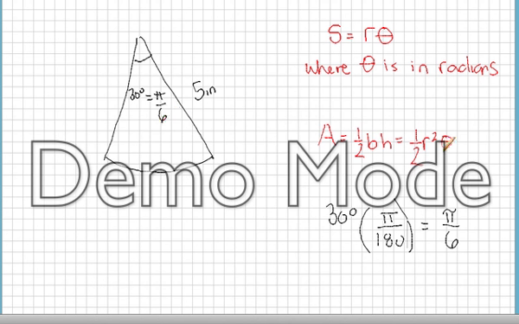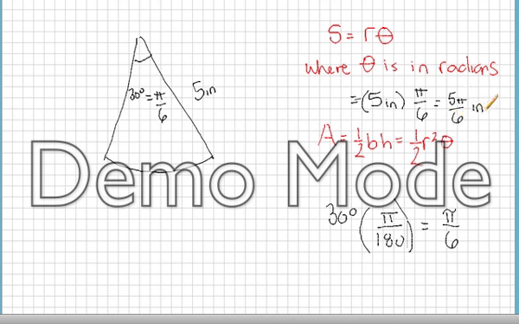And now we can go ahead and plug into the formula. So if S equals R theta, well, the radius of this sector is 5 inches. So I'm going to go ahead and put 5. And theta is pi over 6. So 5 inches times pi over 6 should be 5 pi over 6 inches.